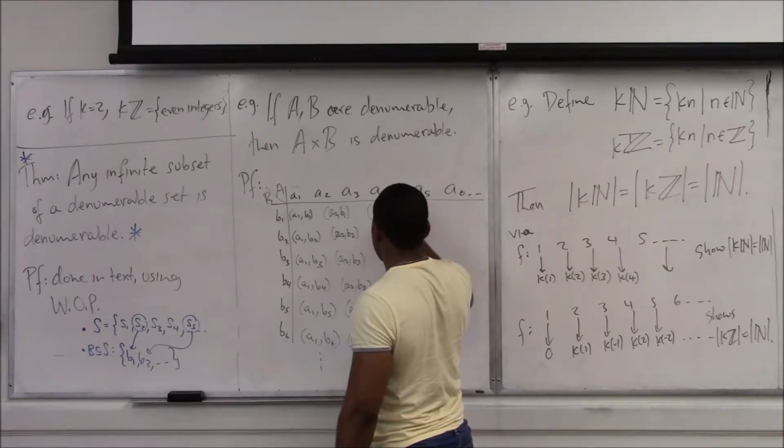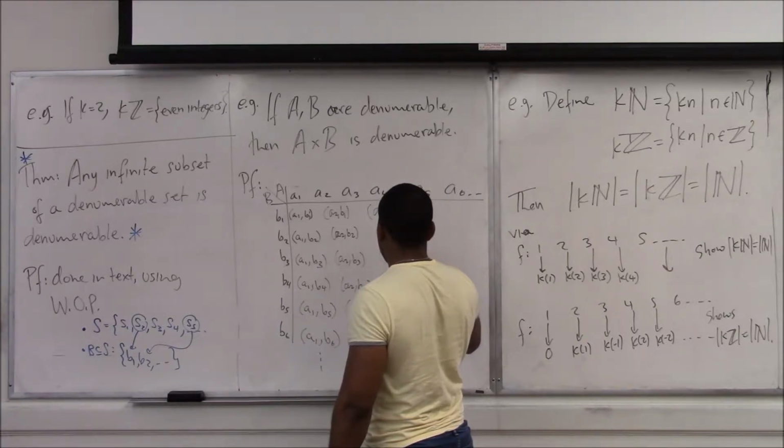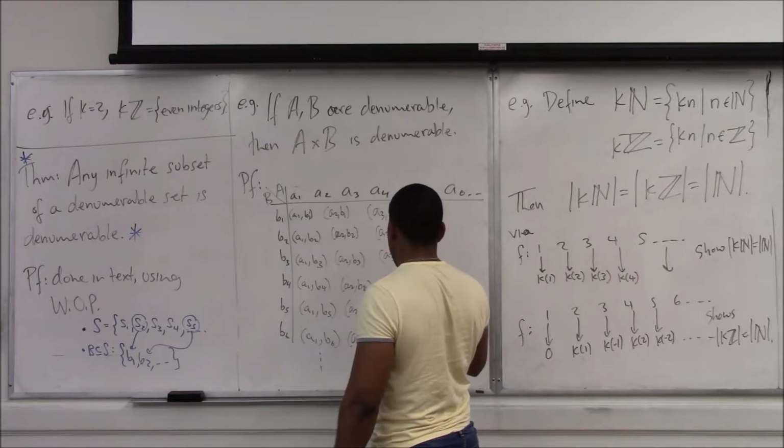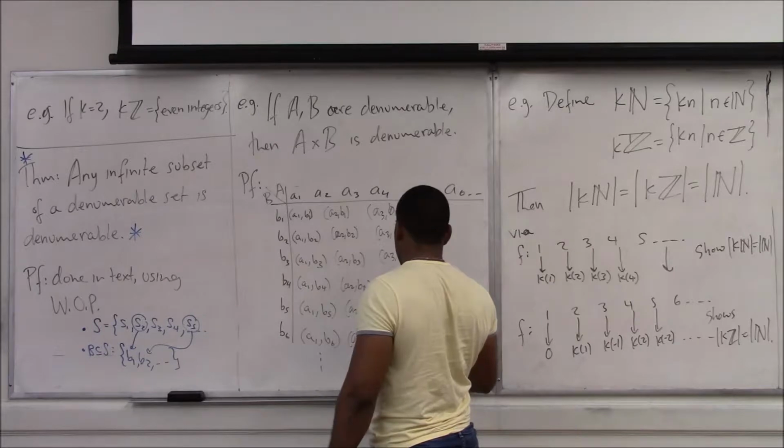It's not lining up here, but we'll see. A1, A3, A2, A3, A3, A3, A4, A3, A5, A3, A6.